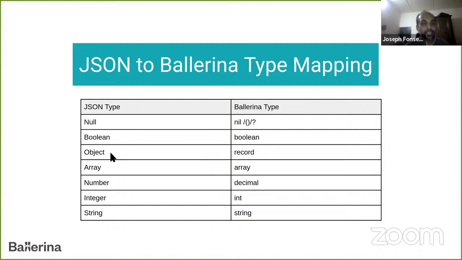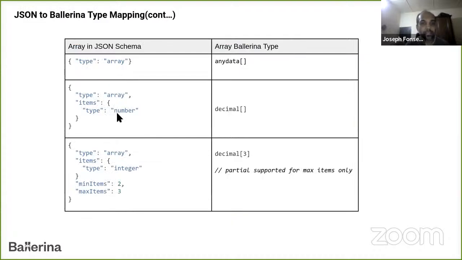And all the objects will be mapped to records in the Ballerina type, and also arrays will be mapped to Ballerina arrays. So these are some of the examples. If we haven't defined a type in JSON schema, then in Ballerina type system, we'll consider it as an any data type array.